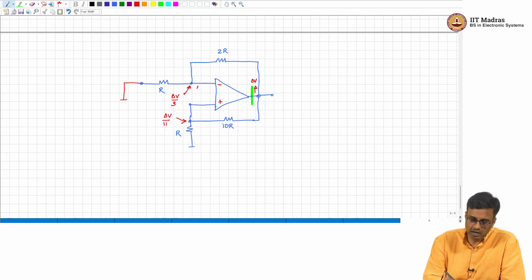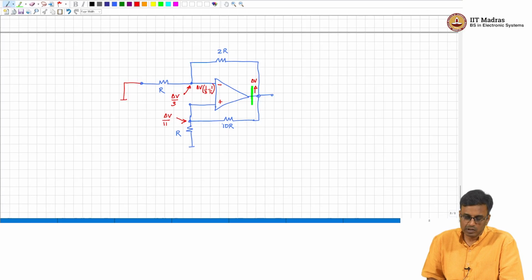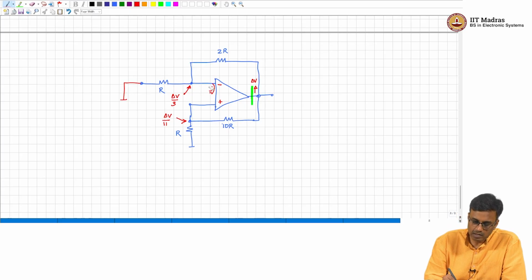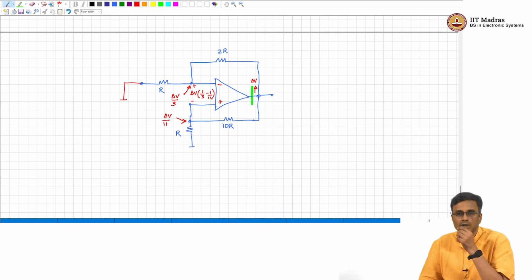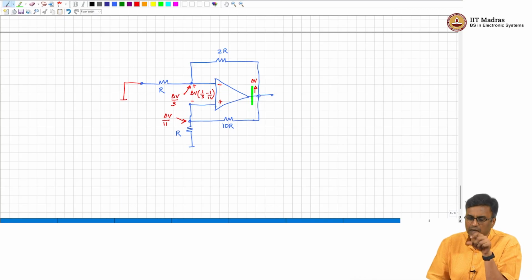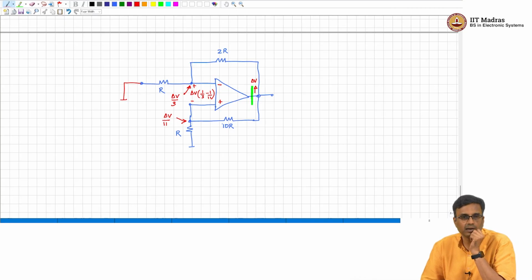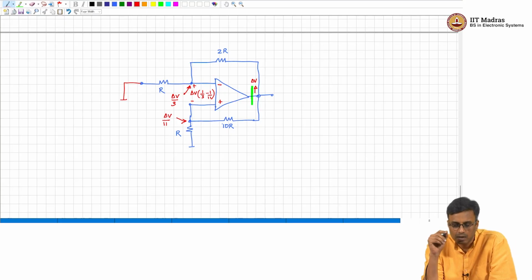This voltage here is basically delta V times 1/3 minus 1/11. Is that positive or negative? Positive. So, for this particular choice of signs, will the output be positive or negative?